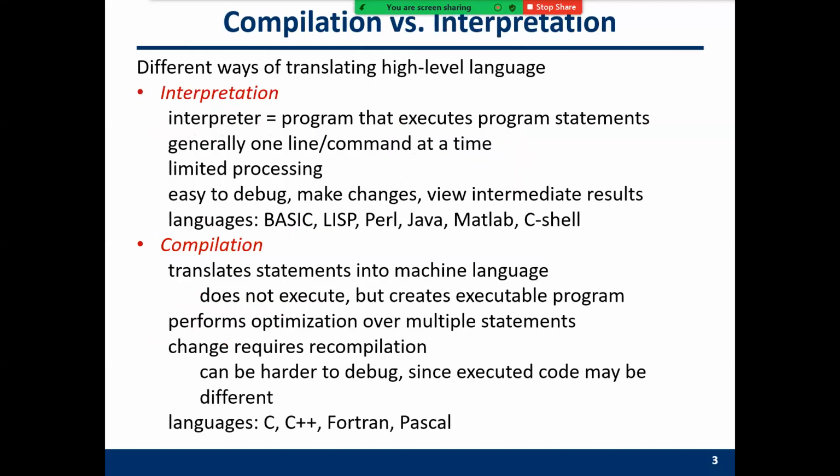For the high-level language, there are 2 compilation methods. The first one is interpretation. So if you write Python, or at least some script language, you will use this method.